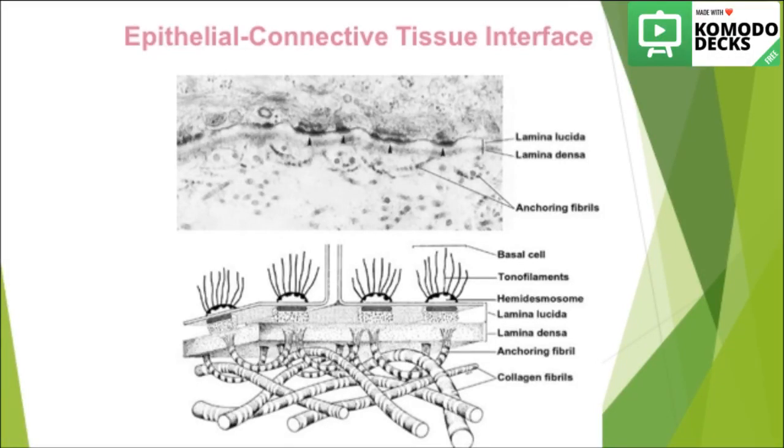As we can see, the basement membrane on the ultrastructural level consists of proteins making the junctions, most notably the hemidesmosomes, which connect the cells of the basal layer to the connective tissue underneath.